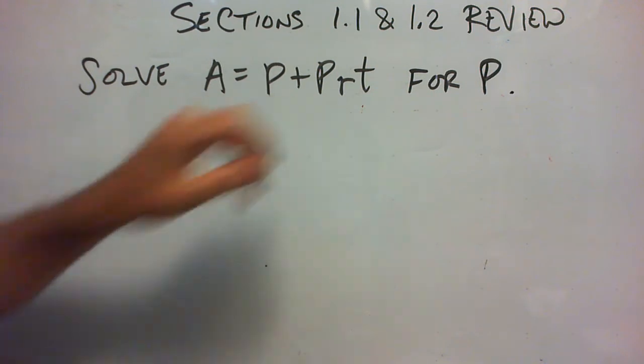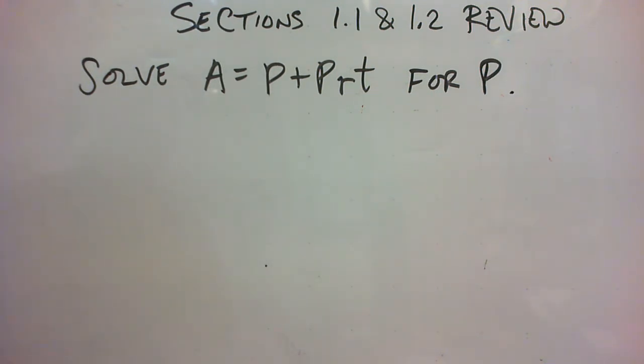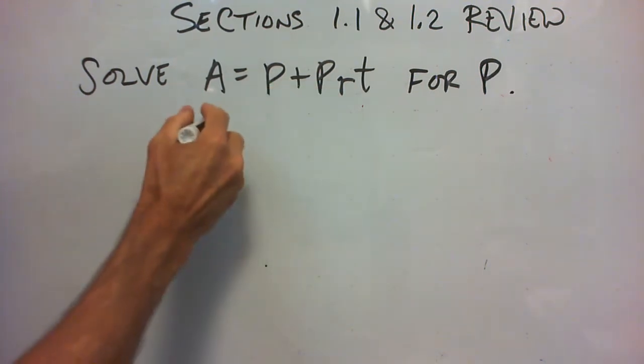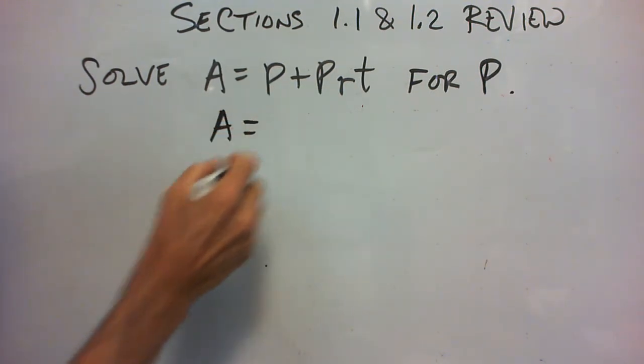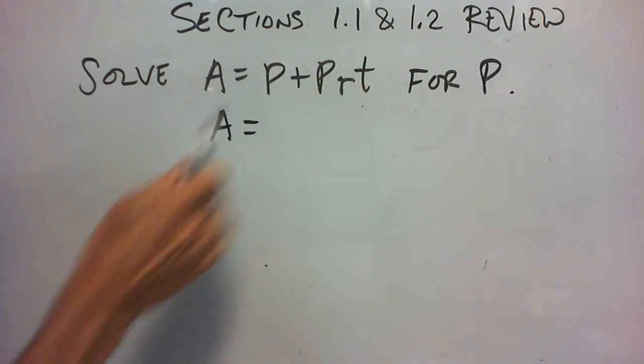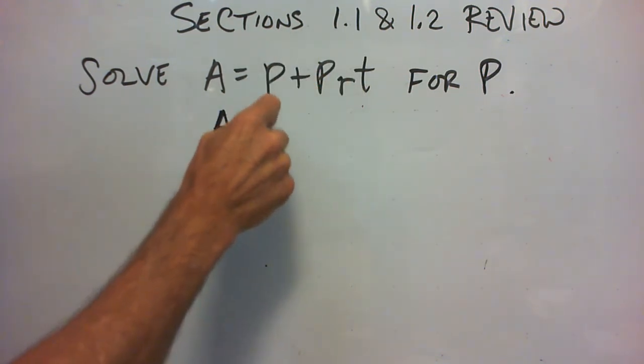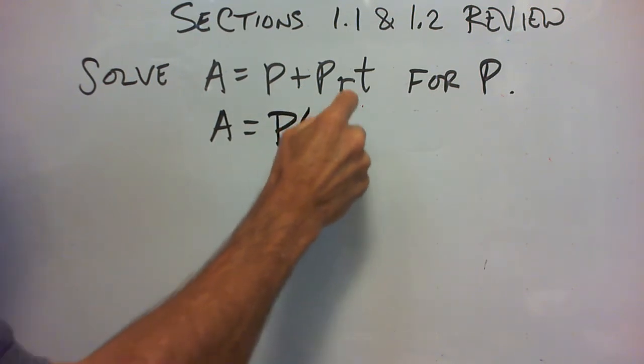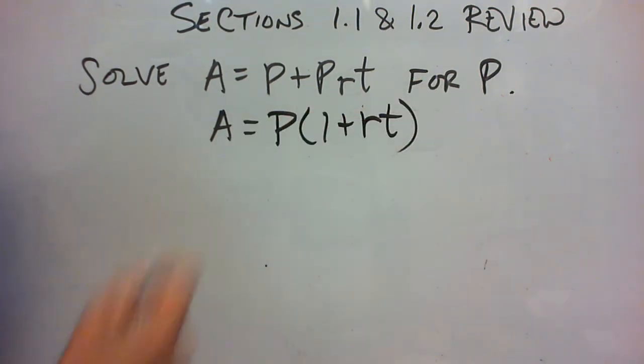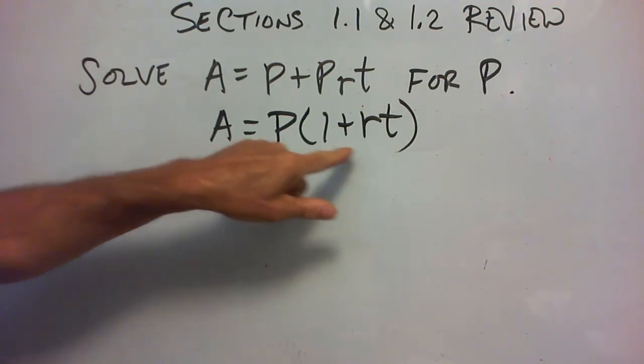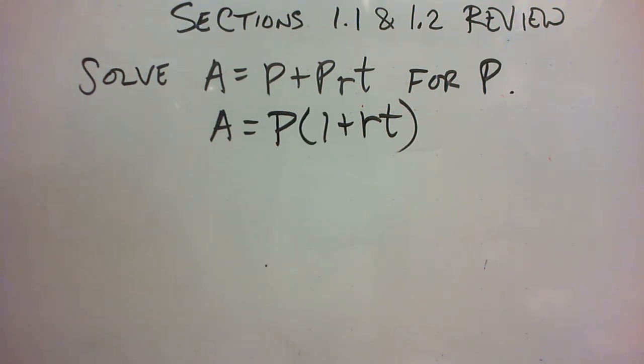When you have multiple terms with your variable, you want to gather the terms together on one side and then factor out that variable. Already our two terms are on one side alone. So we want to factor the P out. So we have A equals P times the quantity 1 plus RT.